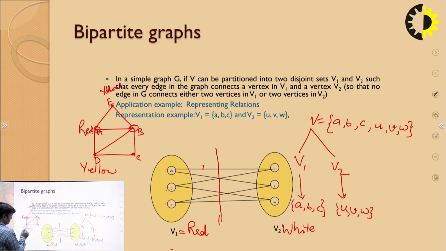Now if this node is yellow, then B cannot be yellow or red. We have to put another color other than red or yellow.